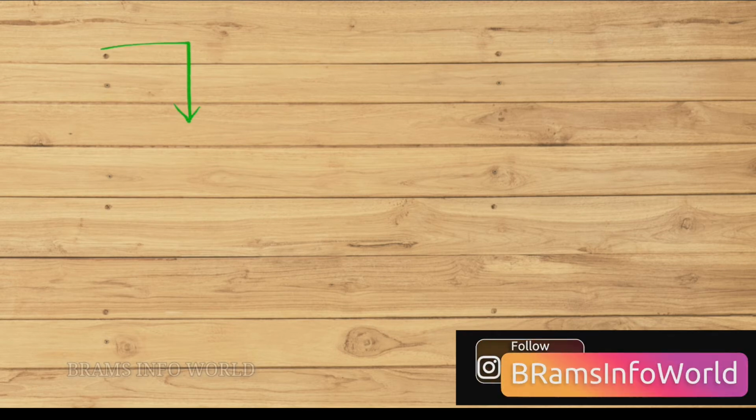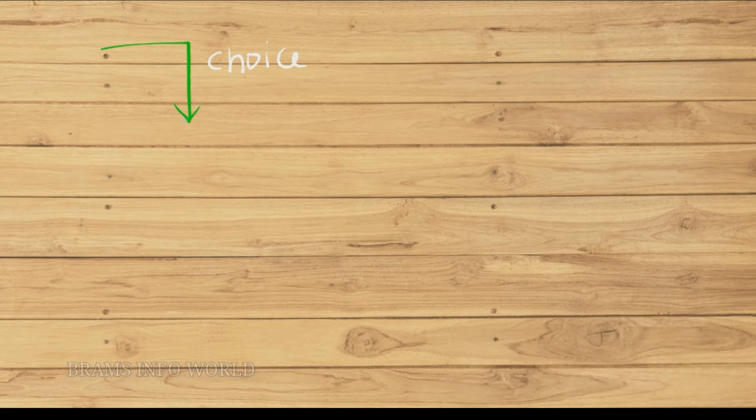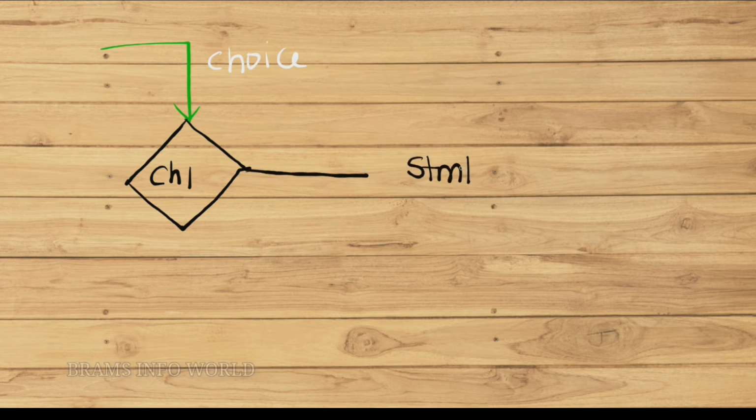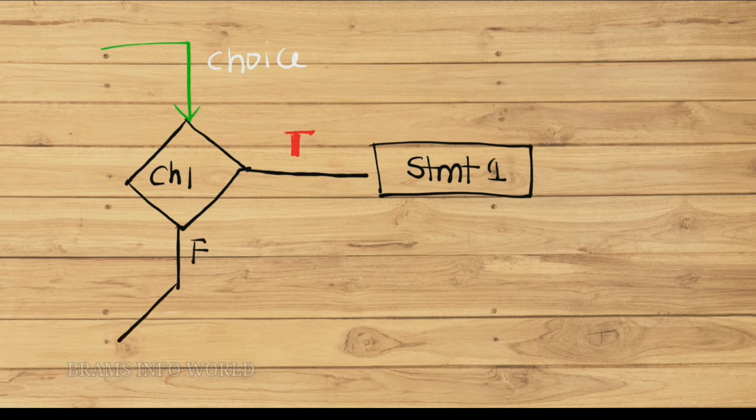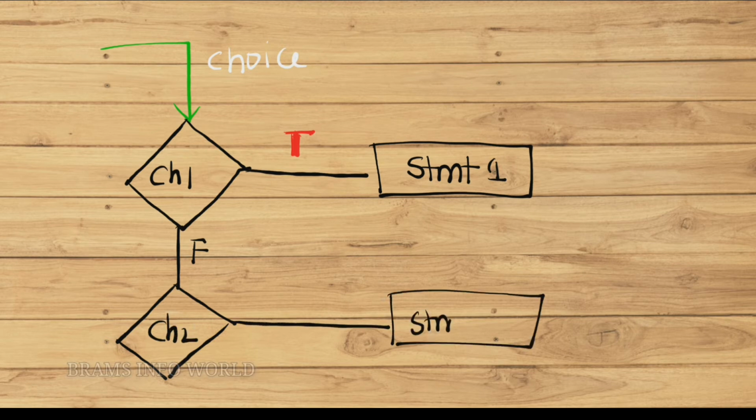This is the choice, followed by the first expression. That means there is a first choice. If choice 1 matches, then statement 1 will be executed, if this is the case of true. If the given condition is false, then it will check with case 2, that is choice 2, then statement 2.